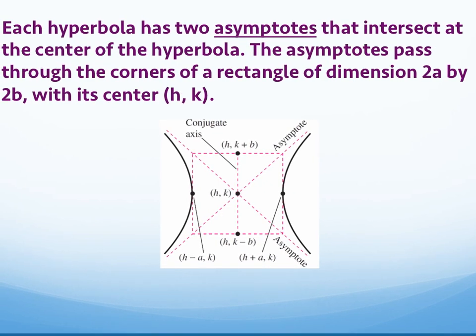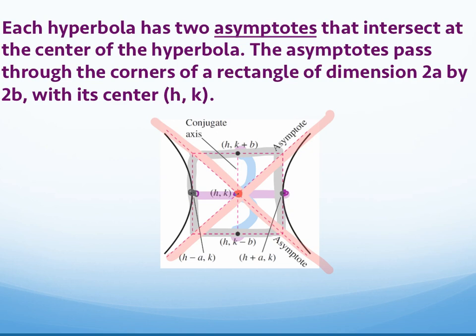branches are. So we know how to find the vertices, we know how to find the center. The co-vertices are going to be B distance away from the center. So this is A, this is B. And then if you make a literal box that connects those sides, then your asymptotes run through the corners of that box.